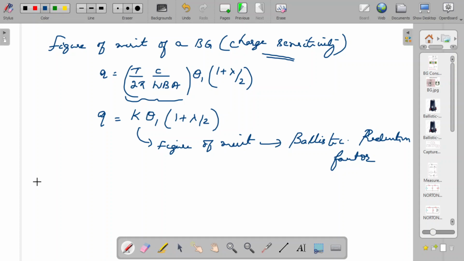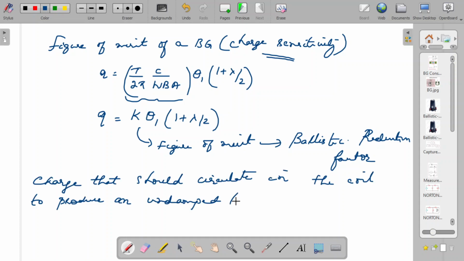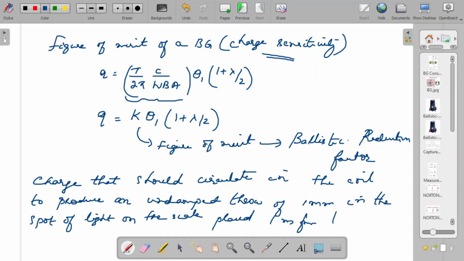It is the charge that should circulate through the coil to produce an undamped throw of 1 millimeter in the spot of light on the scale placed 1 meter from the mirror.